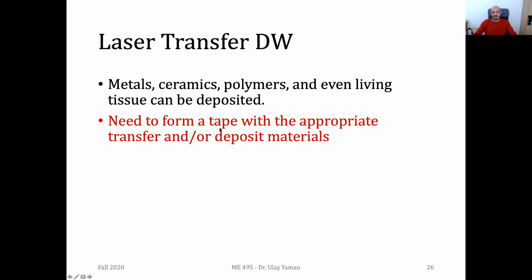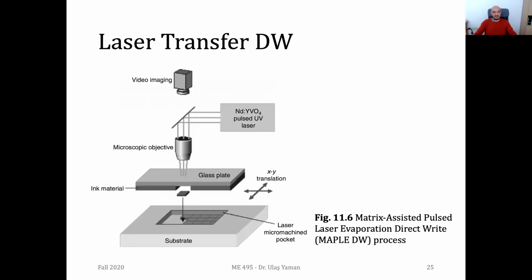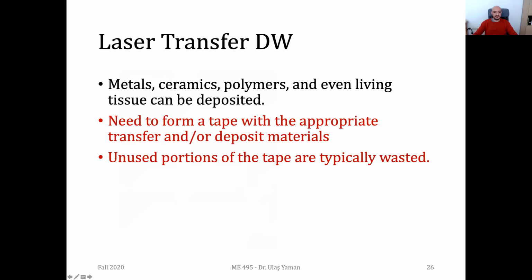Another thing, which is kind of a drawback, is that we need to form a tape of these materials. Otherwise, you cannot have them underneath your printer. If you look here, we always have tapes or sheets of these materials. So if you cannot form such a tape, then your material cannot be printed with this technology. You need to find another technology to print your material.